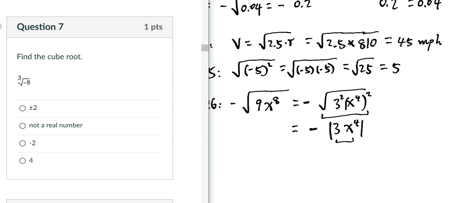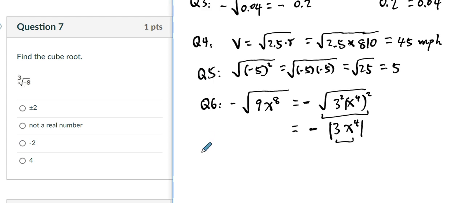Question 7. Question 7 is cube root of negative 8. We know negative 2 cubed is 3 negatives multiplied by each other.